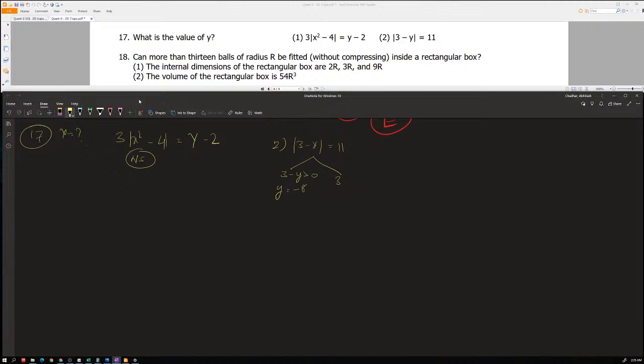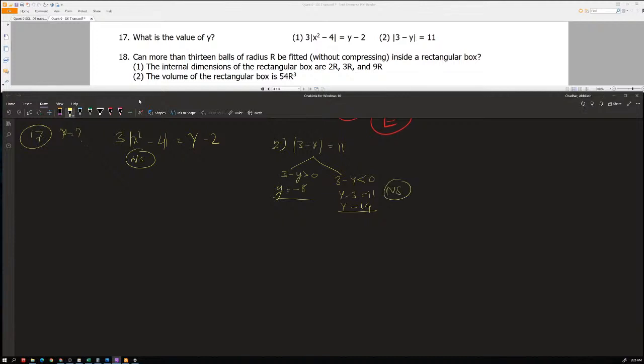When 3 minus y is negative, it becomes y minus 3 equal to 11, and y will be equal to 14. So there are two values of y, so this is also not sufficient.